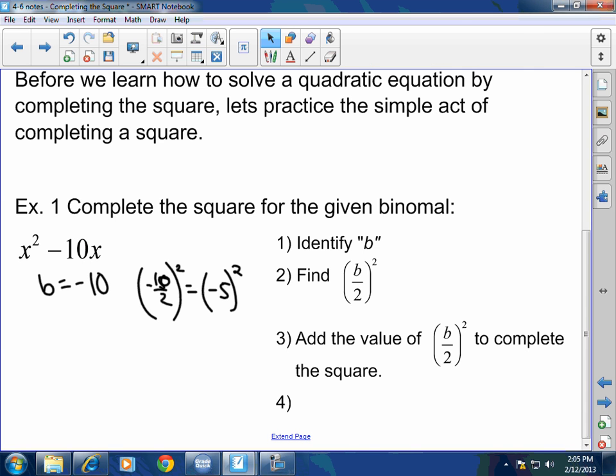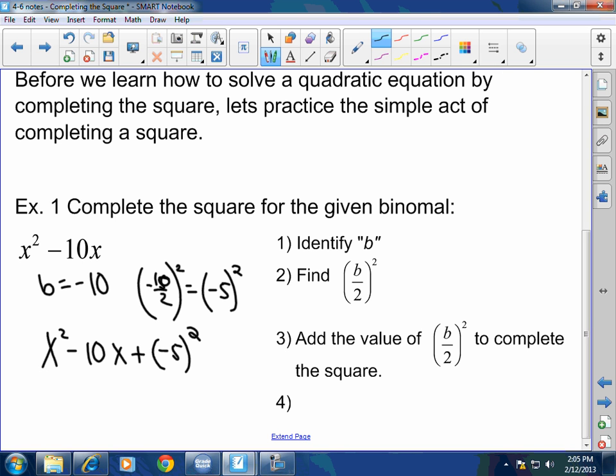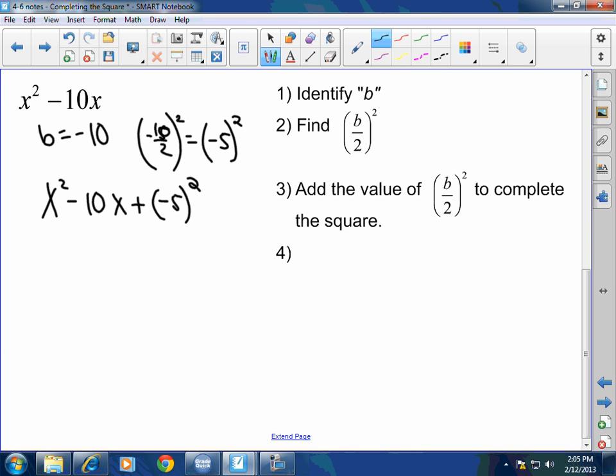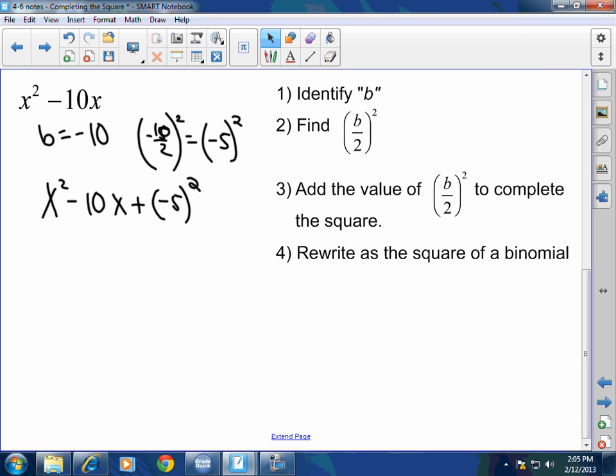Step 3, add the value of b over 2 squared to complete the square. So you're going to have x squared minus 10x plus negative 5 squared. Do not make that a 25. Right now it's easy, but later on there's going to be fractions and there's going to be a reason for my madness. Step 4, rewrite as a square of a binomial. This is how you write it.